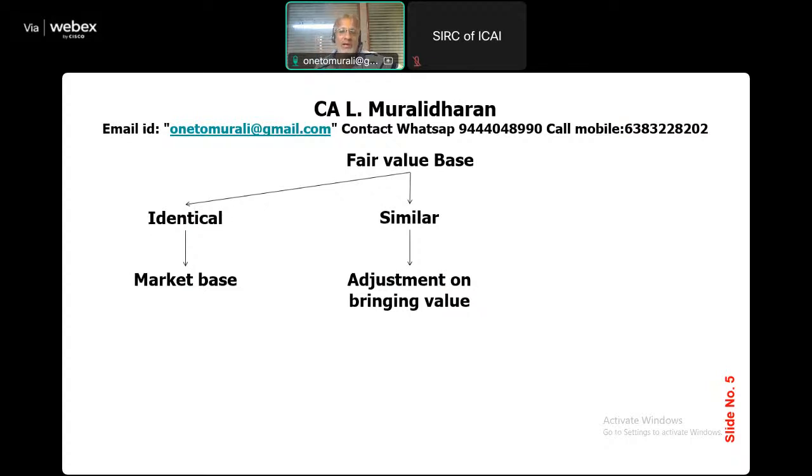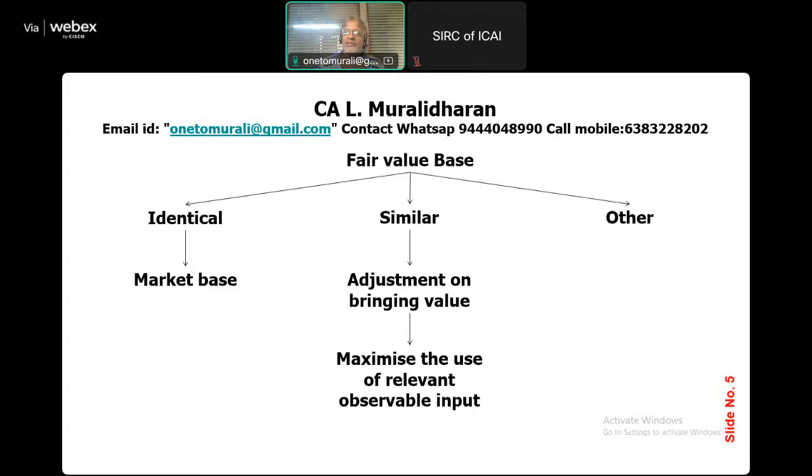Motorbike to scooter, they are only similar. So I have to bring in adjustments to arrive at the value, just for the purpose of checking. So maximize the use of relevant observable input. Since I do not have the market base, I am expected to use the relevant observable input.